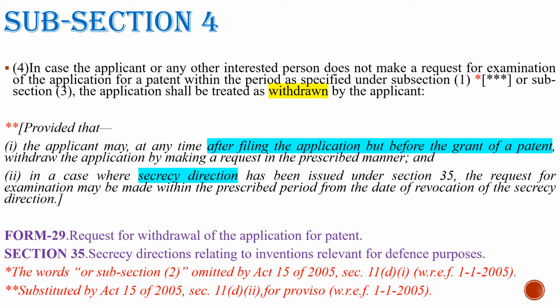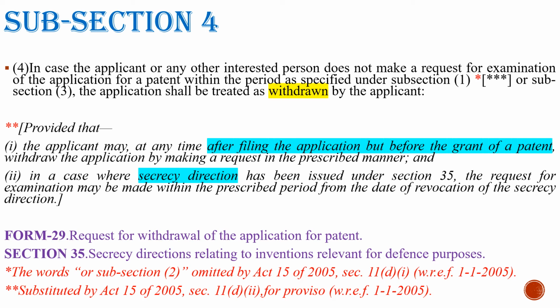Provided that, clause 1, the applicant may at any time after filing the application but before the grant of a patent withdraw the application by making a request in the prescribed manner, and clause 2, in a case where secrecy direction has been issued under section 35, the request for examination may be made within the prescribed period from the date of revocation of the secrecy direction. Okay, so friends, here you can see the single star mark.